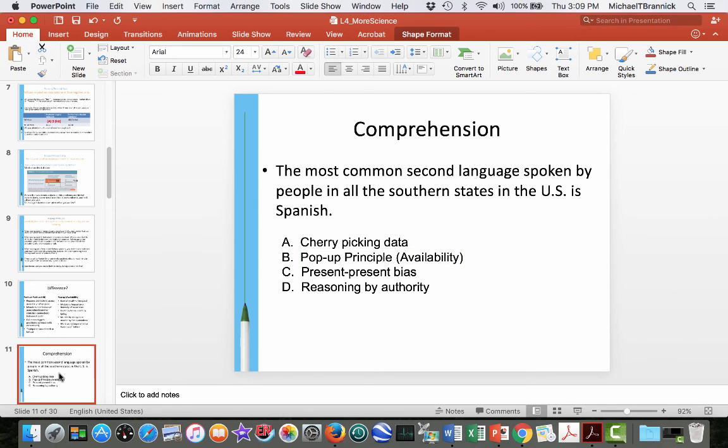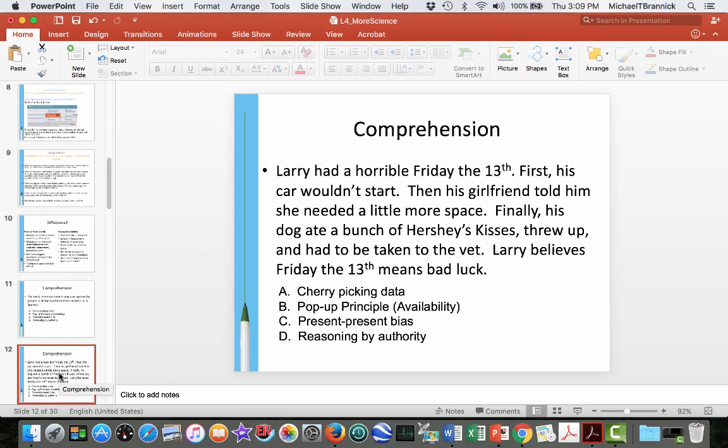Okay, so Larry had a horrible Friday the 13th. First, his car wouldn't start. Then his girlfriend told him she needed a little more space. Finally, his dog ate a bunch of Hershey's Kisses, threw up, and had to be taken to the vet. Larry believes Friday the 13th means bad luck. So what do we have here?